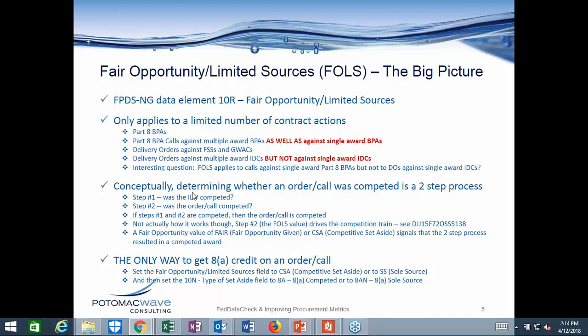So in that case, yes, the Part 8 BPA was competed, but since due to an urgent situation the BPA call was not, then you have a not competed award. So it's got to satisfy both, a two-step process. But interestingly, in the land of FPDS&G, that's not how it works. As long as step 2 is coded as competed, then the order or call is counted as competed.